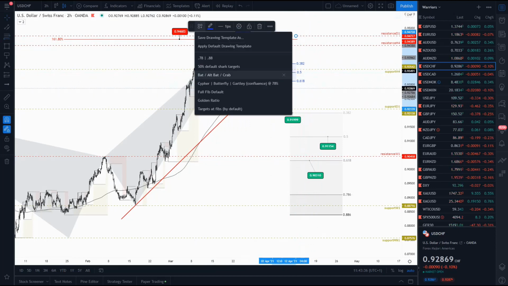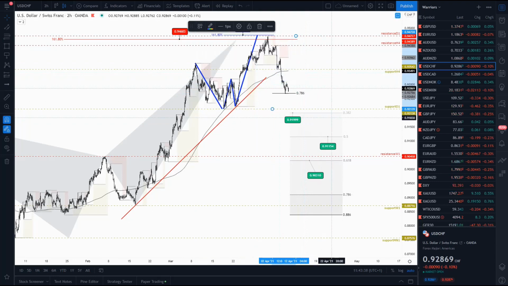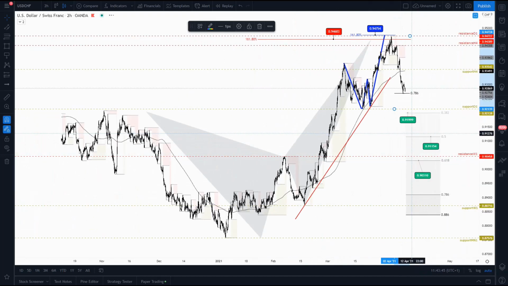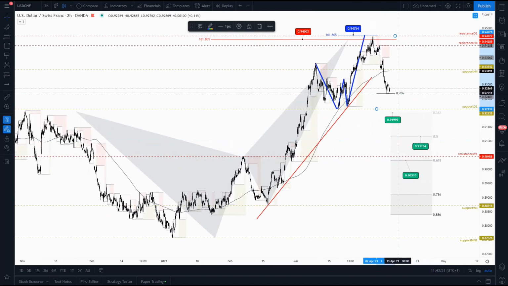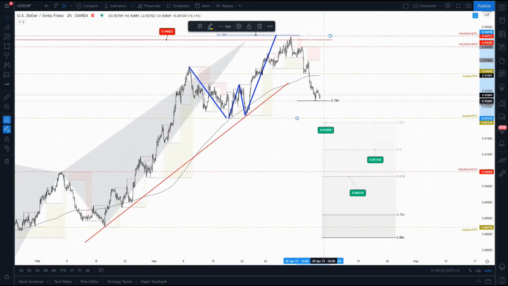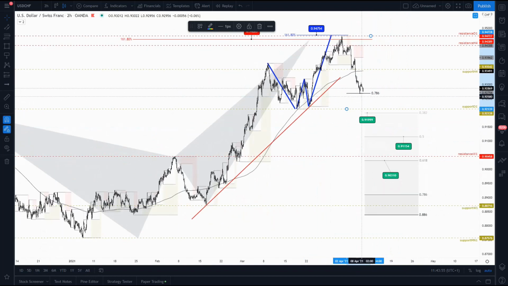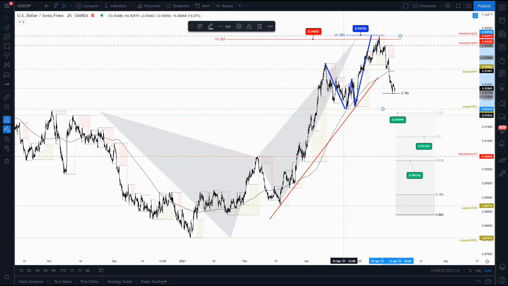So we are already trading the 78.6 on CHF. Nice Fibonacci eventual pressure zone. Let's see if the market has already felt some pressure once it touched the 78.6% Fibonacci retracement level. Let's see what will happen from here.